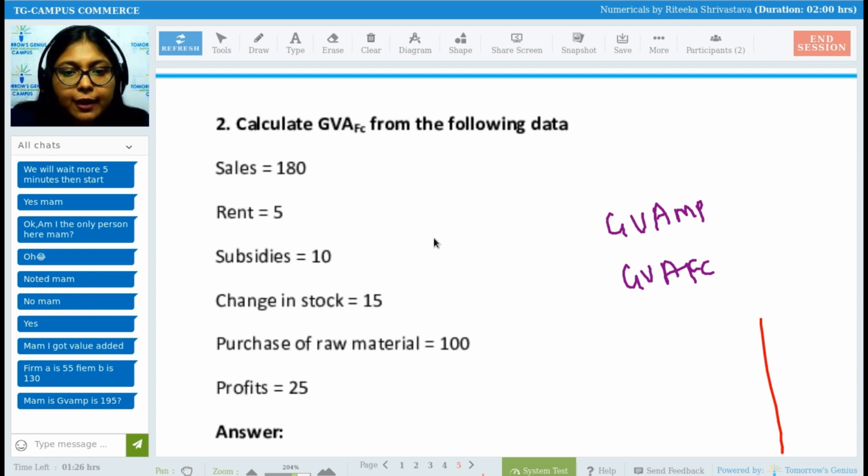195. Small error. Very small. Just check.